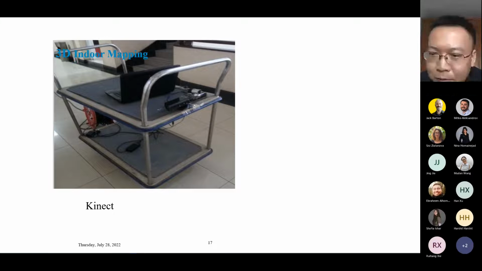Oh, it was frozen? Yes, maybe there's a connection problem. Right now I have the slide of the Kinect, which is current. You can move on this slide. This is the Kinect slide.